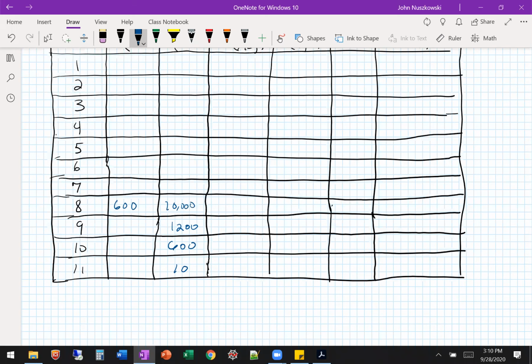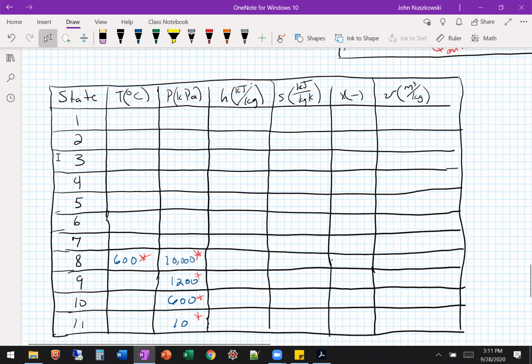I'm going to star this so we can remember those were the givens. The other thing they gave us was the quality exiting the closed feed water heater, so that's state 6.